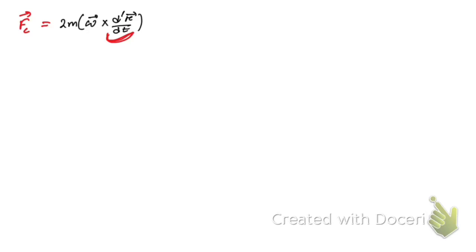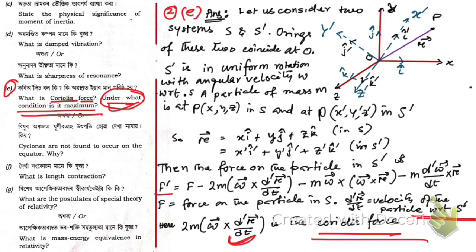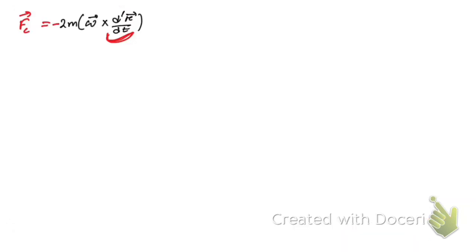Here we have a negative sign in this expression, and as it is a vector quantity, let's put a minus here. Now, this is a cross product of vectors, so we can write 2m omega into the derivative of r with respect to t, sine theta, n cap. n cap is the unit vector which gives the direction of the Coriolis force.